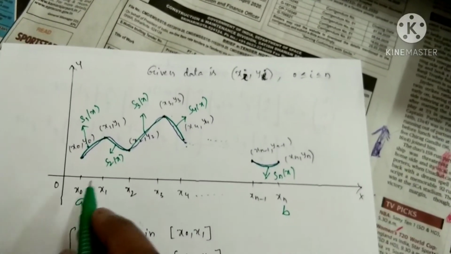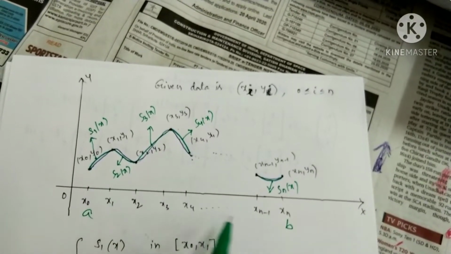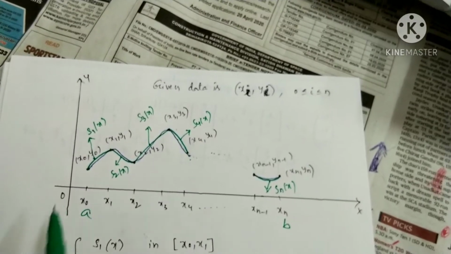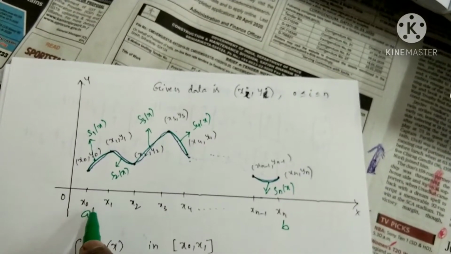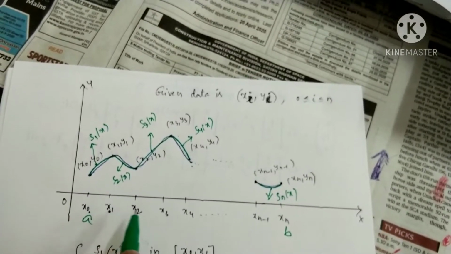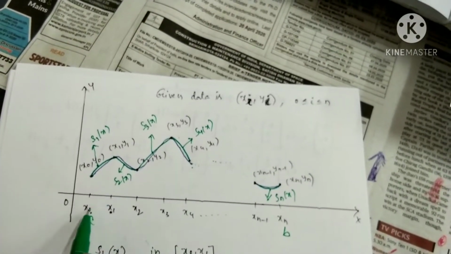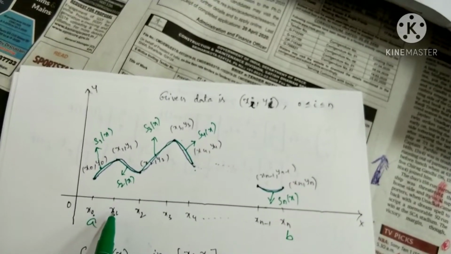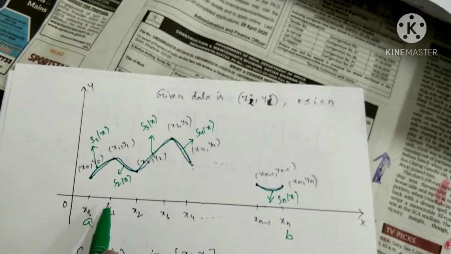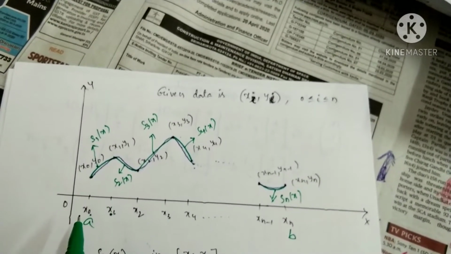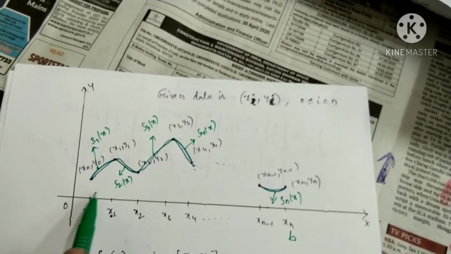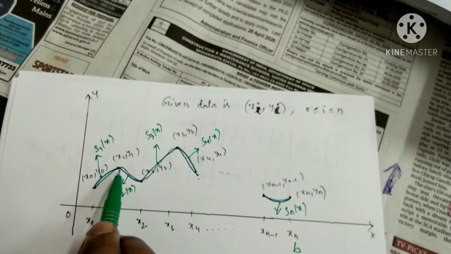Here these x values may not be equally spaced, and then in each subinterval, that means in the interval x0, x1 and in the interval x1, x2 and so on, we can find a polynomial of any degree. That means degree 1, degree 2, degree 3, etc. That is shown in green color here.